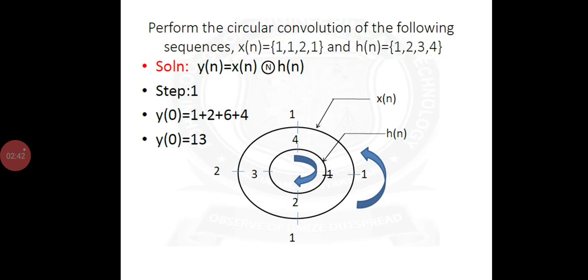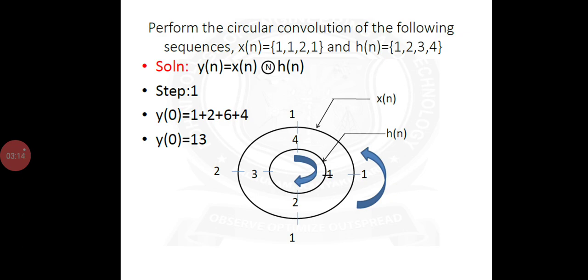Now we can move on to the problems. Perform the circular convolution of the following sequences x of n and h of n, so y of n equals x of n convolution h of n. We represent x of n in the anti-clockwise direction, and in the inner circle h of n is represented in the clockwise direction.